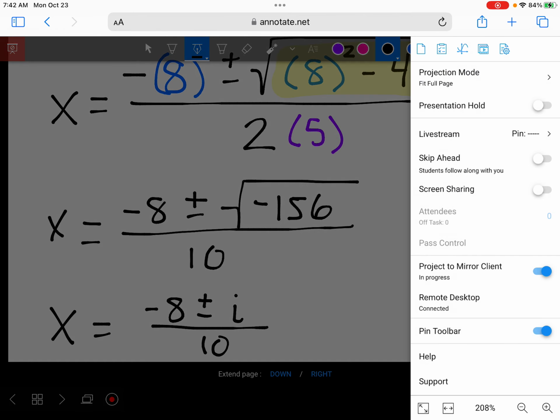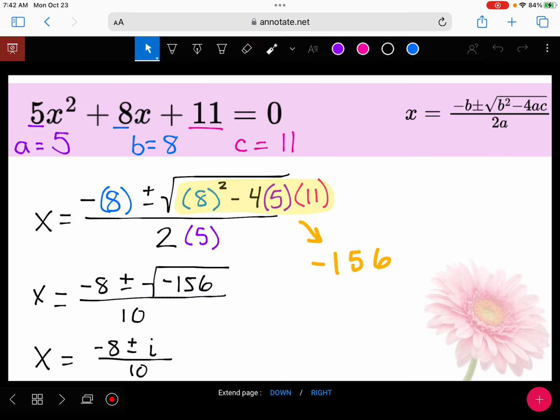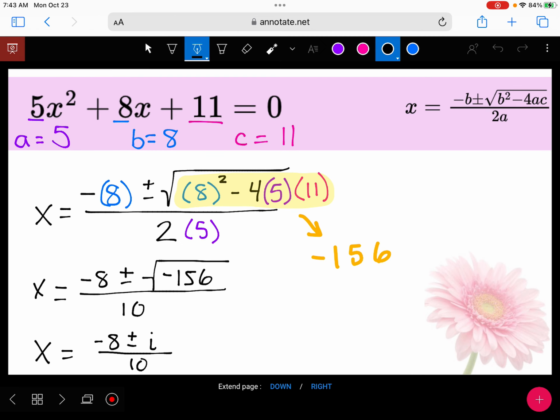And then I can simplify 156 the normal way. Square root of 156, for sure, is 2 square root of 39. So i times 2 square root of 39.